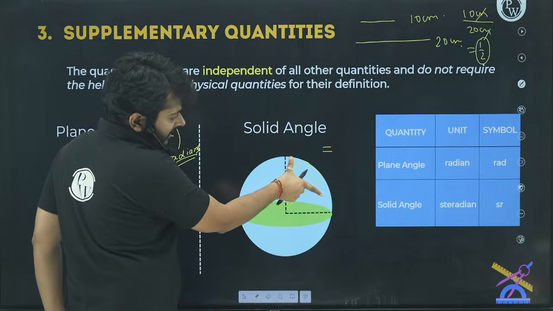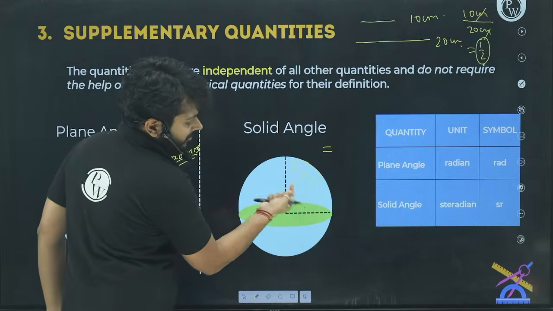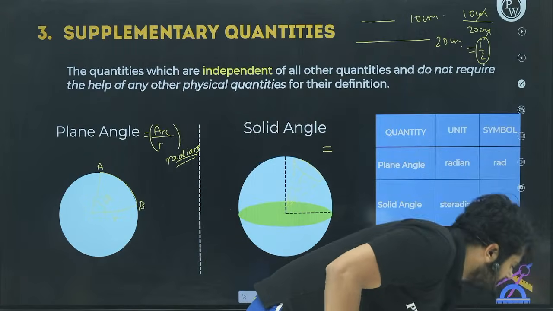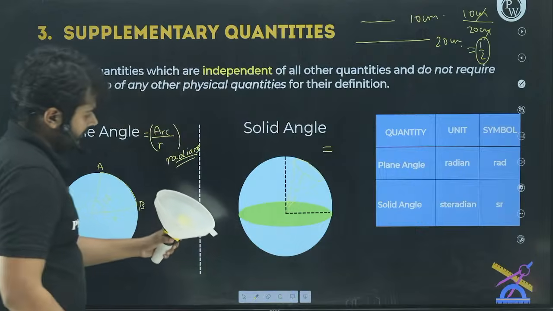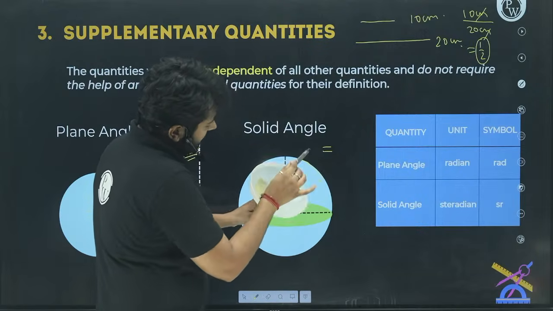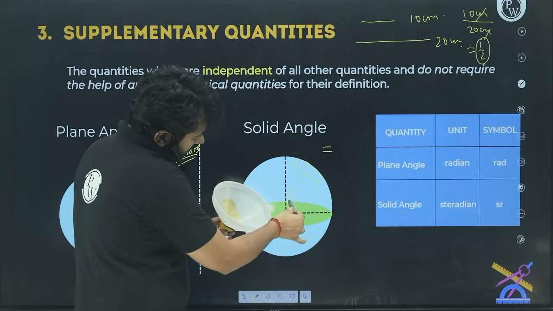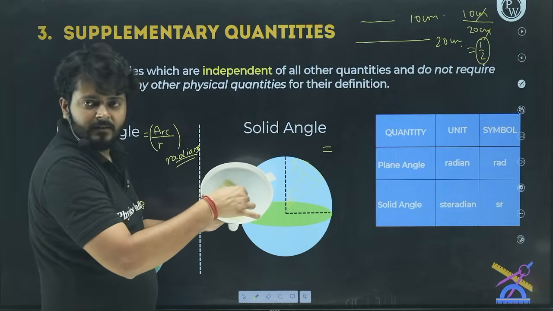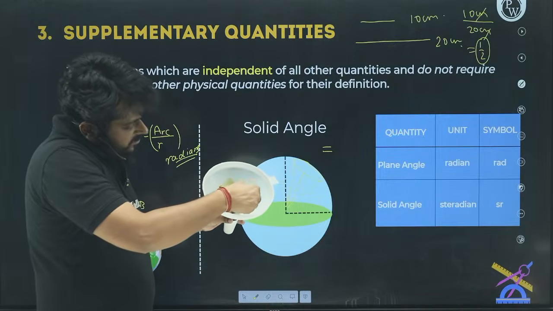If I take a bigger area on the surface, the angle subtended will be bigger. So that angle is called the solid angle, right?